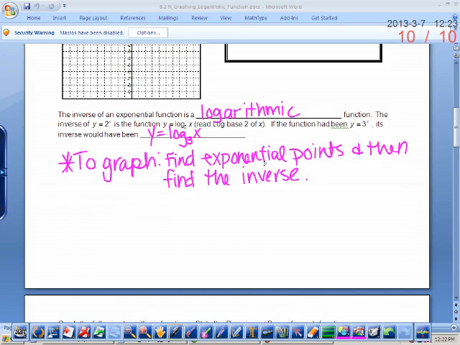So just like exponential functions had lots of different parent functions, they depended on the base, so do log functions. They all depend on the base. But there are a couple things that every log parent function has in common.